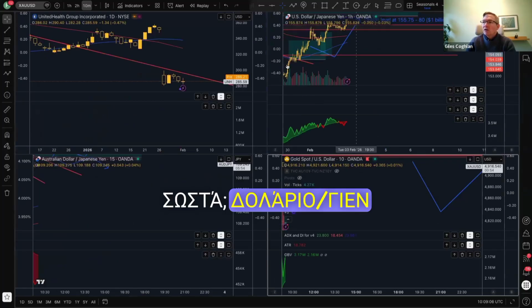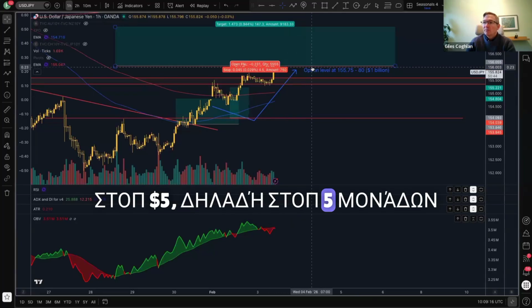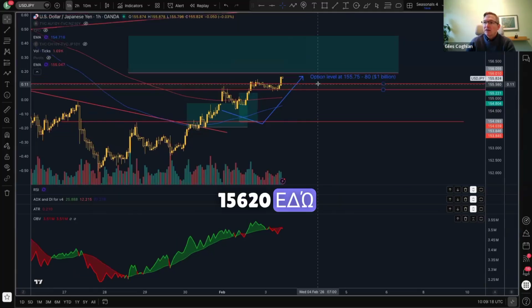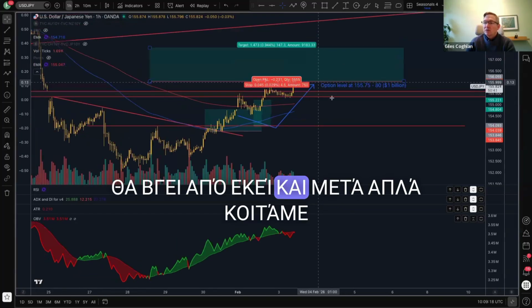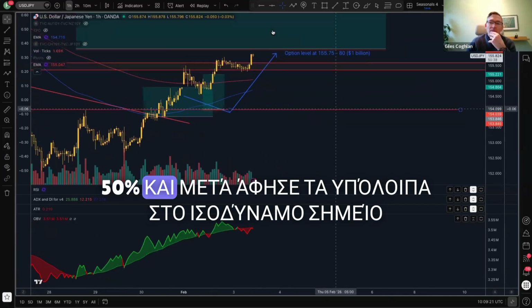Dollar yen. Go long 15620 on a clear breakout of that level, 5 point stop. Then take 20 points, 50%, and leave the rest at break even.